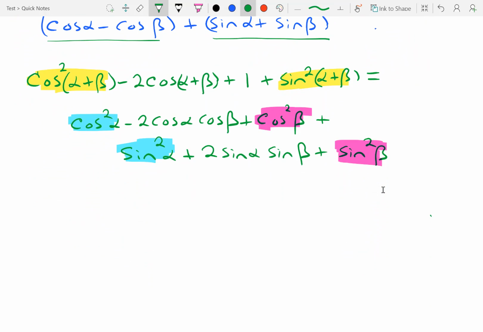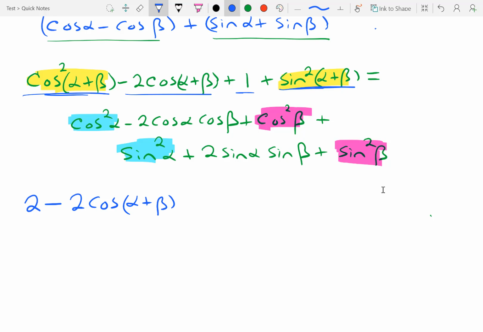All right, so then let's see where we are. If I take this term and this term, those go together to be 1, and there's already a 1 there. So on the left side, I'm going to get 2 minus this piece, which is 2 cosine of alpha plus beta. That's what the left side looks like.